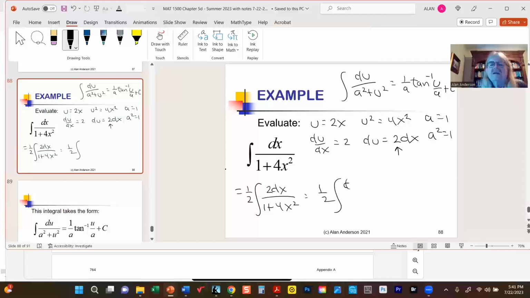Now we got du over a squared plus u squared. So we have a half. We still need 1 over a, but a is 1. So we're actually just going to wind up with 1/2 arctan of 2x plus c. We don't need to divide by the a because it's just 1.